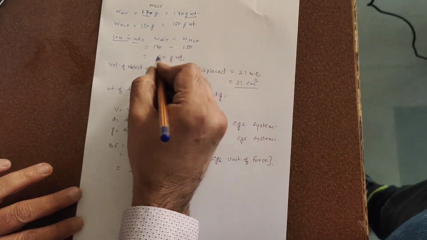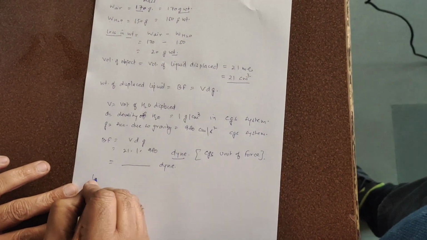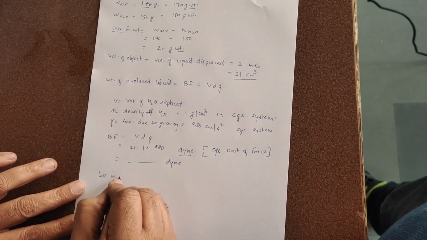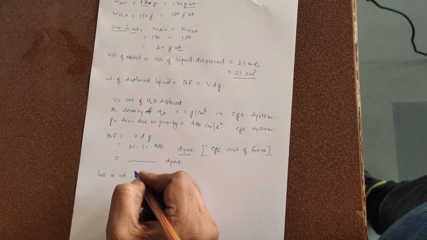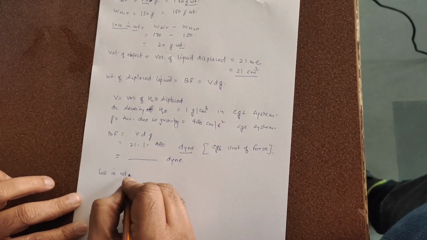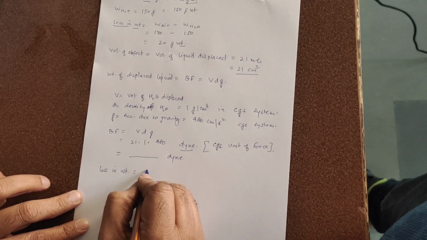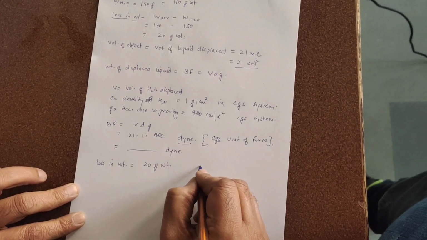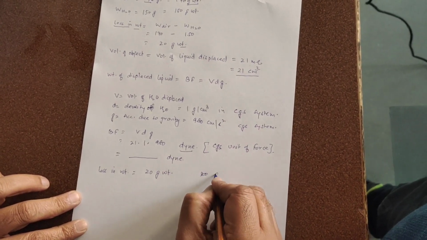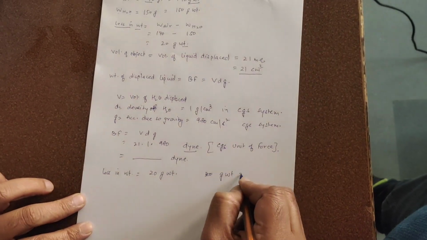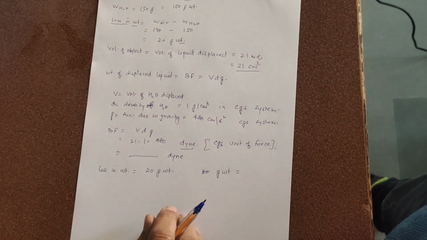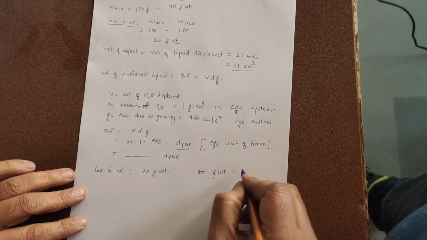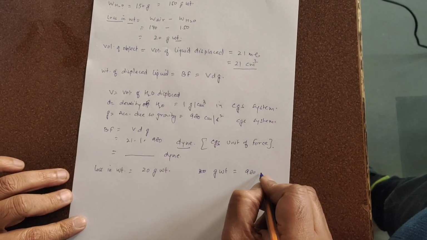And our loss in weight. This is 20 gram weight, and 1 gram weight is equal to 980 dyne.